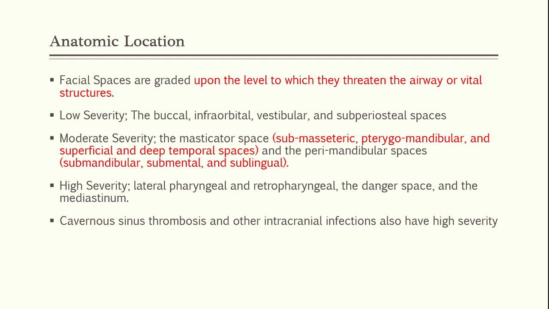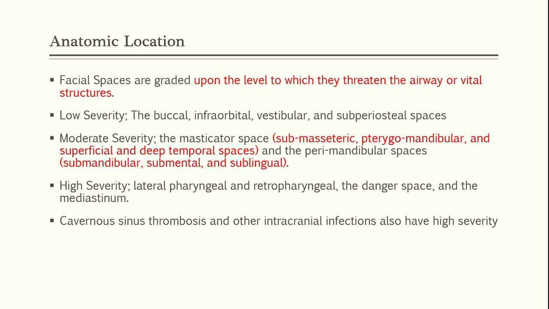Now, the high severity, like the lateral pharyngeal or the retropharyngeal, the danger space, and the mediastinum, are considered high severity and there's a very high threat to the airway. So these are the infections that we might face.